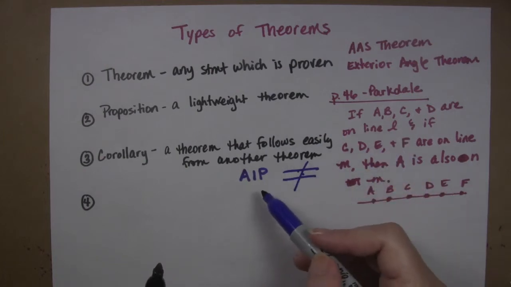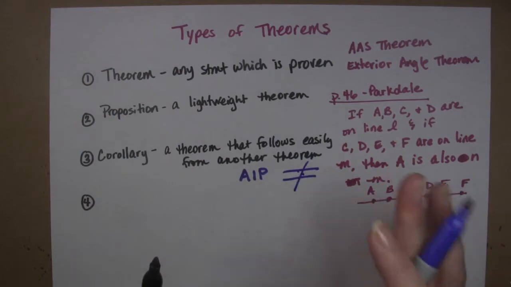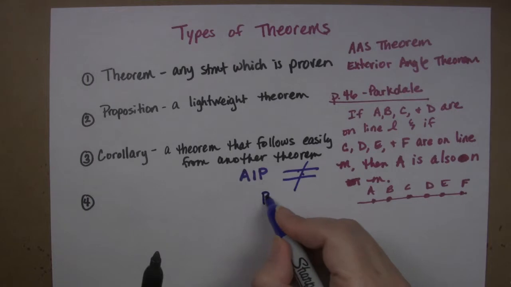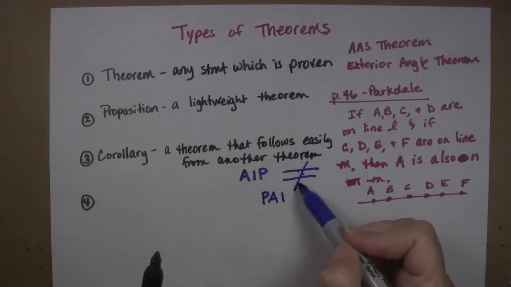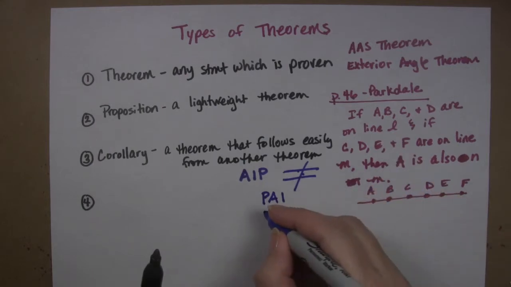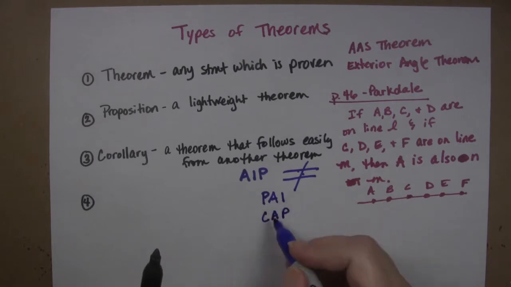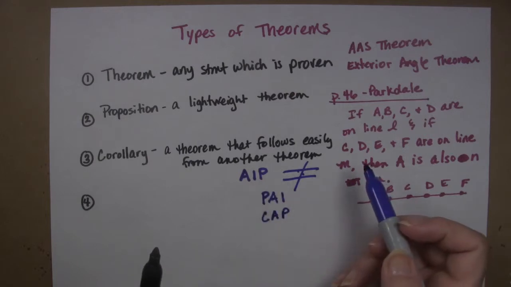Well, you can take that basic information and you can manipulate it a couple of different ways, and all of a sudden you have the PAI theorem, which is just the converse. It says that if you have parallel lines, then the alternate interior angles are congruent. Or you can have the CAP, which is exactly like this, except we're looking at corresponding angles instead of alternate interior angles.